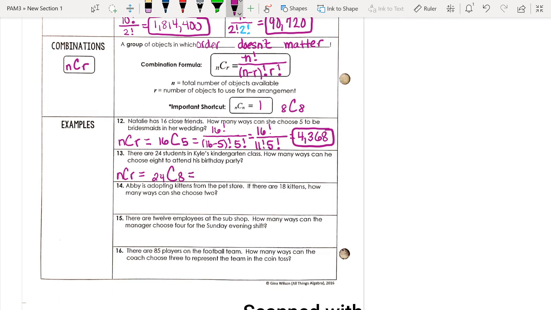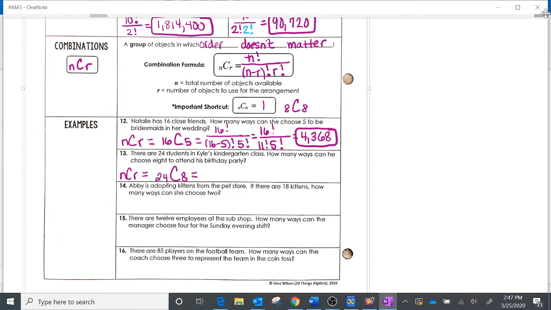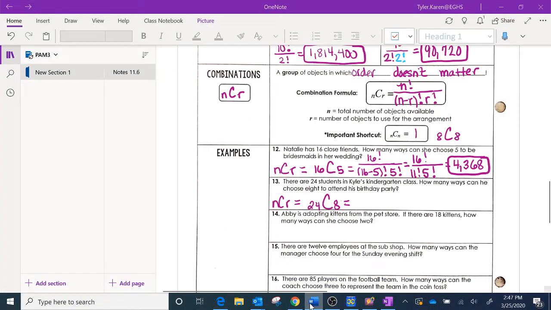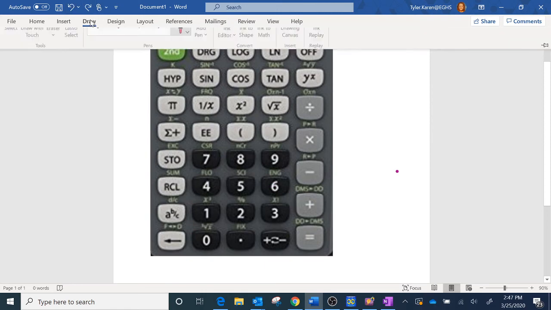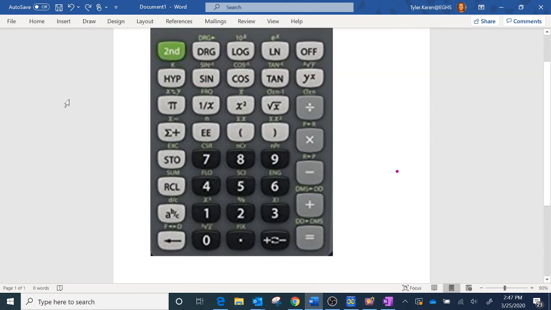Okay, I'm going to have to change. Grab your calculator. I'm going to bring back up my calculator right here. Let me undo what I did. You actually have an NPR button and an NCR button. If you have my calculator, we're doing combinations right now.